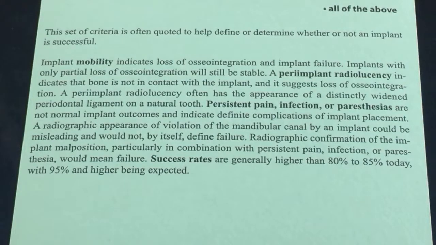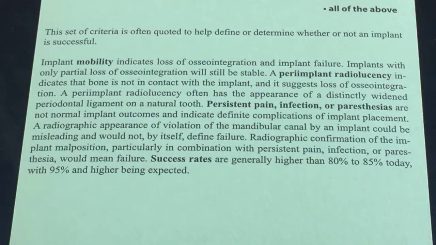Again, implant mobility indicates loss of osseointegration and implant failure. Implants with only partial loss of osseointegration will still be stable. A peri-implant radiolucency indicates that bone is not in contact with the implant, and it suggests loss of osseointegration.